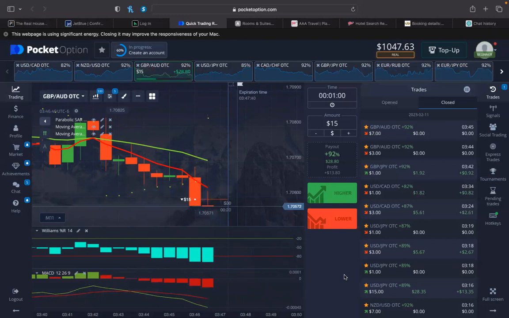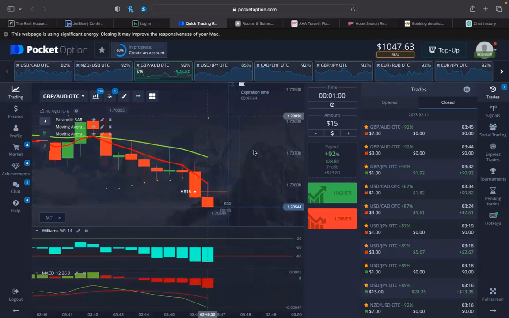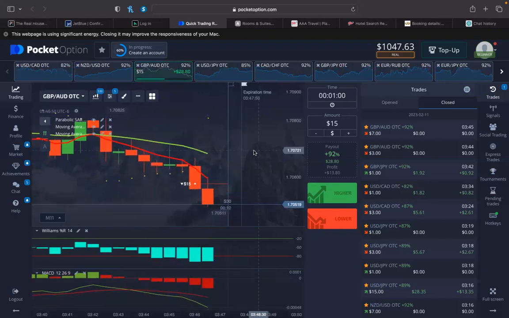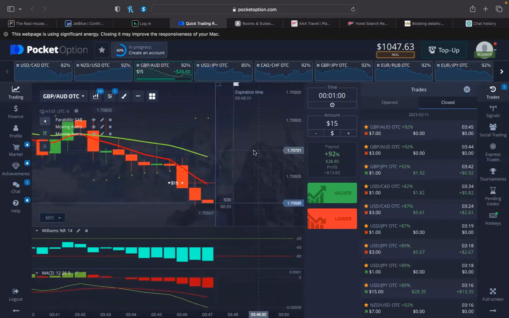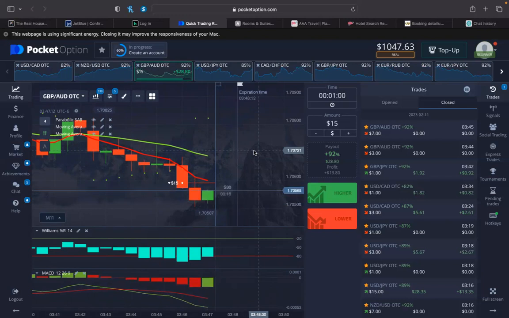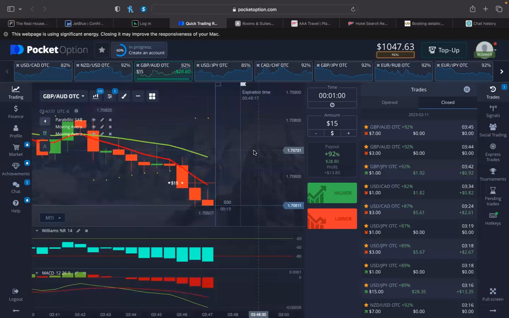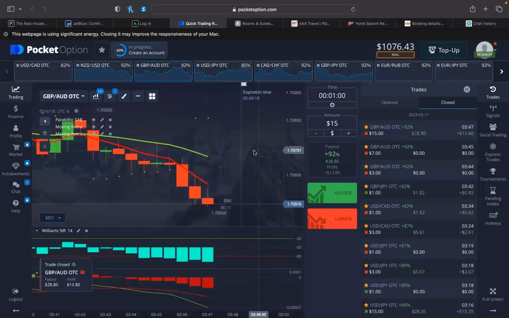PSAR has officially flipped over, indicating a sale. And we won the trade.